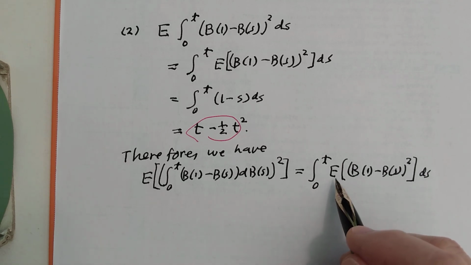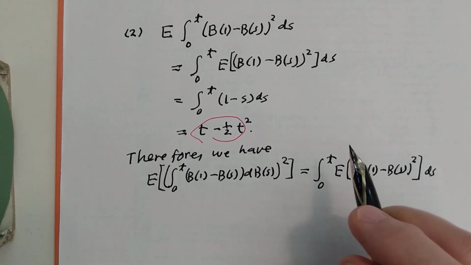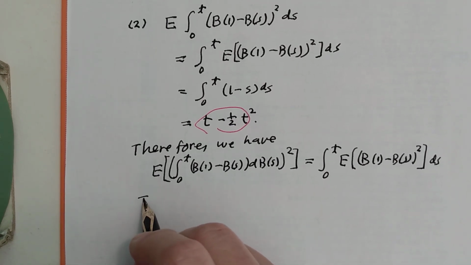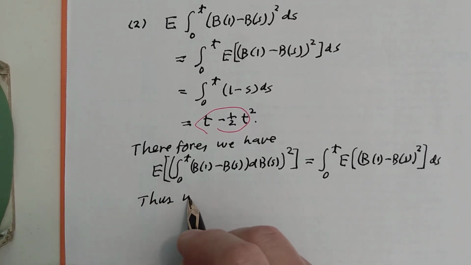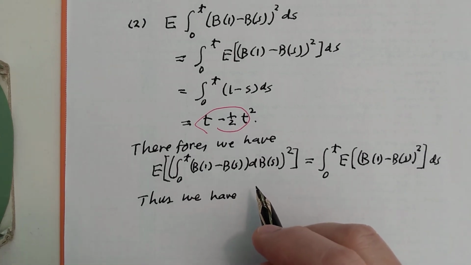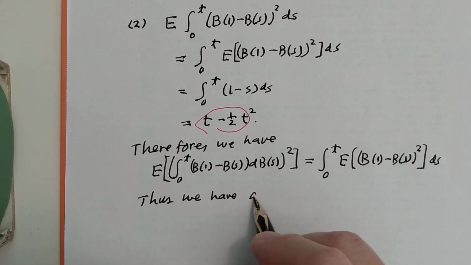Now this expectation, we can bring it inside the integral or outside, it doesn't matter by the Fubini theorem. Therefore, we have an isometry.